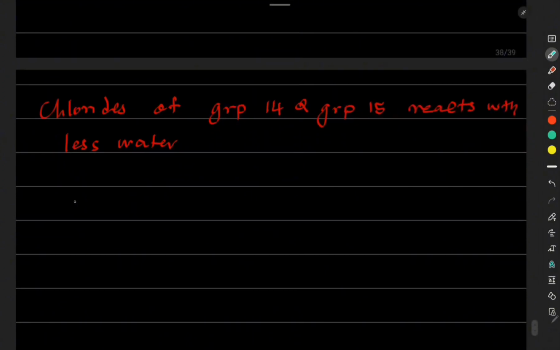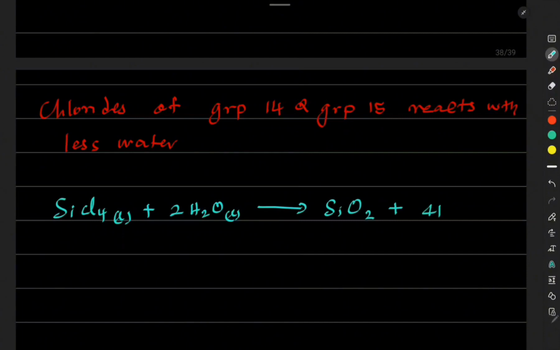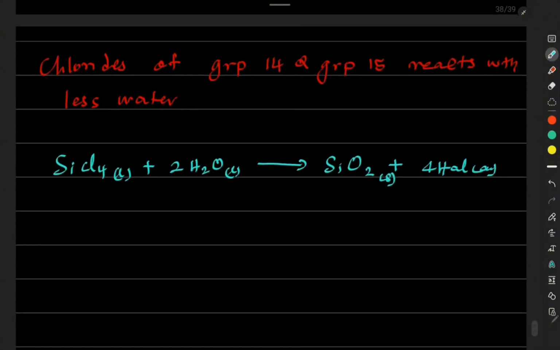Silicon chloride, SiCl4 liquid, plus H2O liquid, forms SiO2 solid plus HCl aqueous.